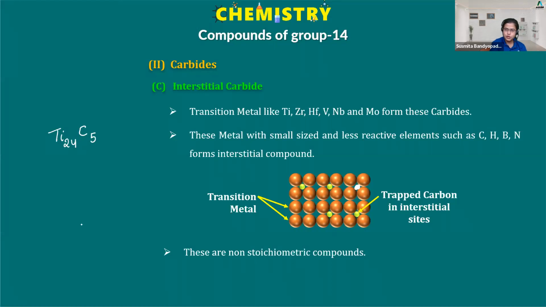And 24 to 5 can be simplified, will come out to be 4.8. So that's the reason it's not a whole number. For every 5 carbon atoms, if there are 24 titanium atoms, for every one carbon atom there will be 24 by 5, that's 4.8 titanium atoms. This 4.8 is not an integer. So it's known as a non-stoichiometric compound.